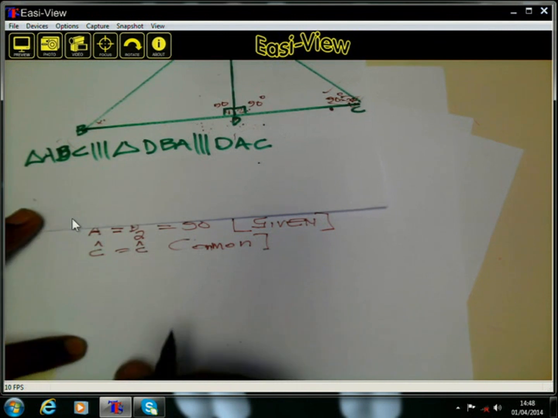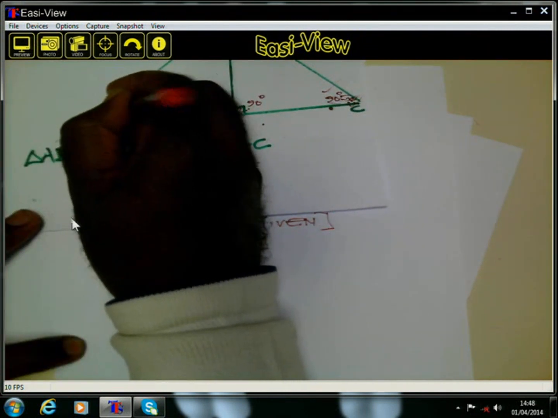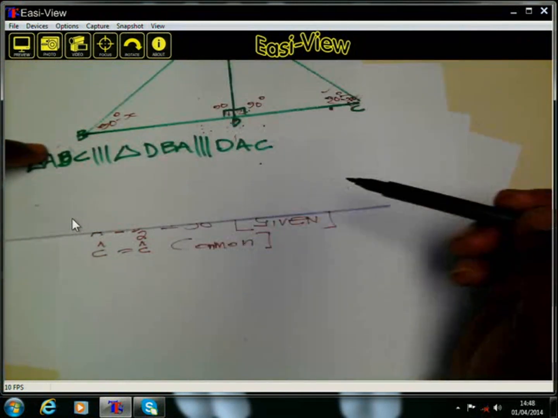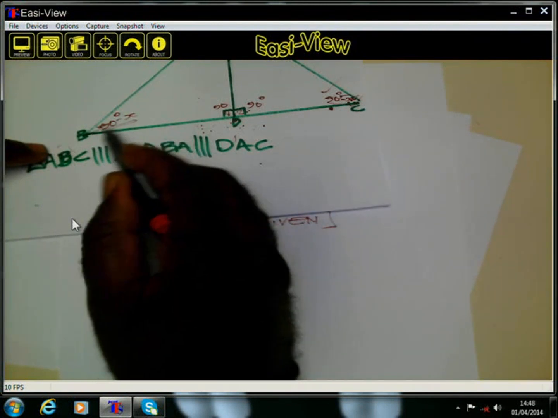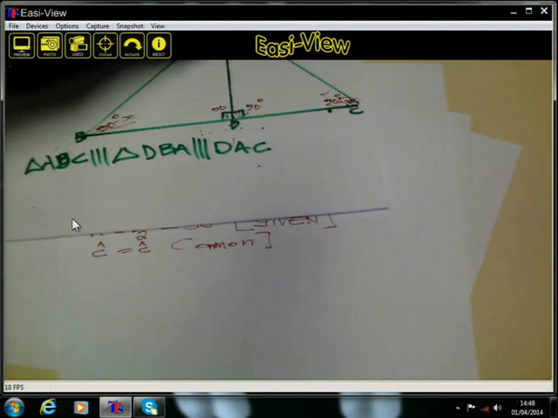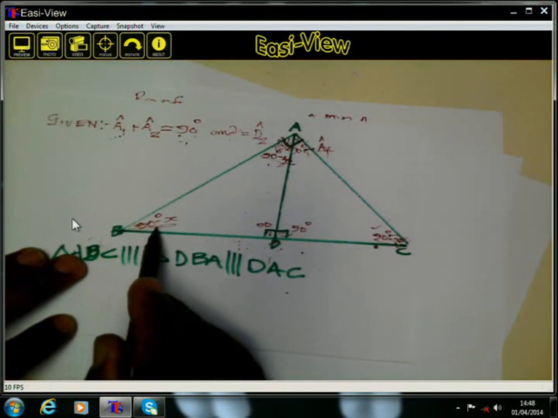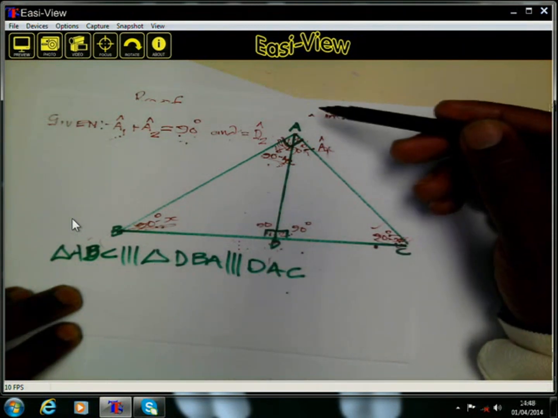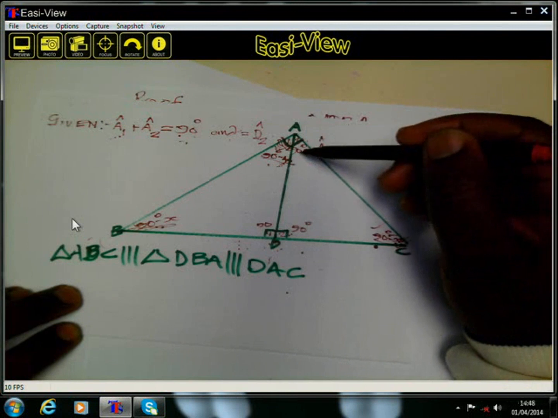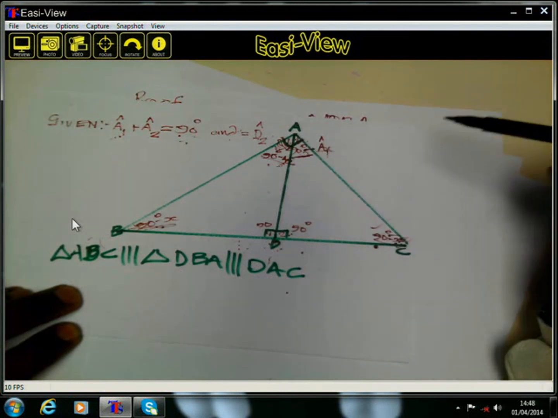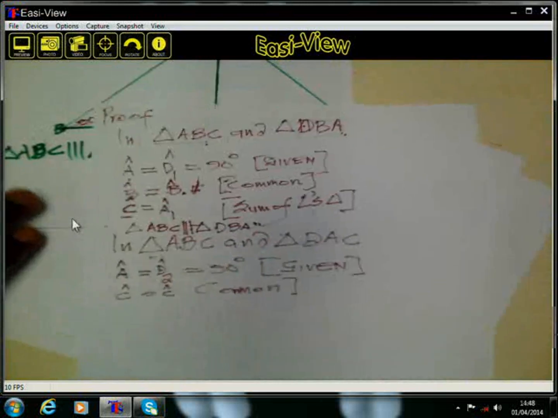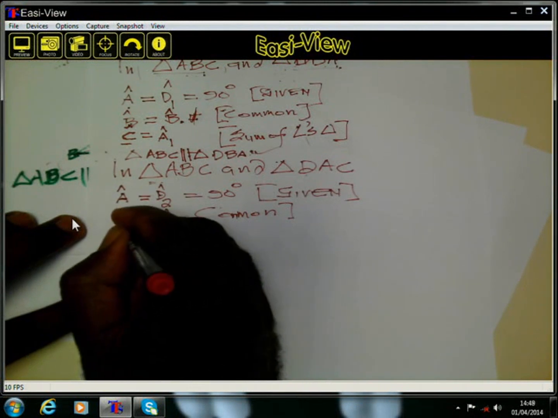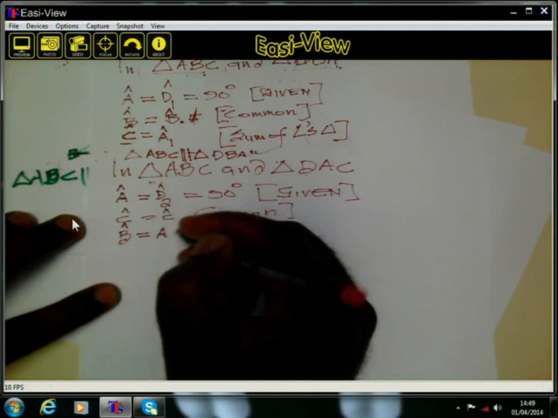If we write this as 90 minus X for triangle ABC, this B will be equal to A2, because B, in terms of 90 minus X, will also be equal to A2 in the other triangle DAC, which is also 90 minus X. So we say B is equal to A2.